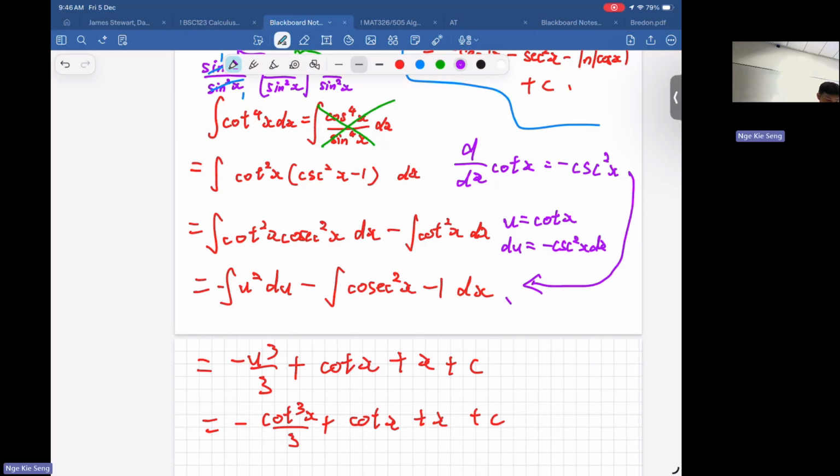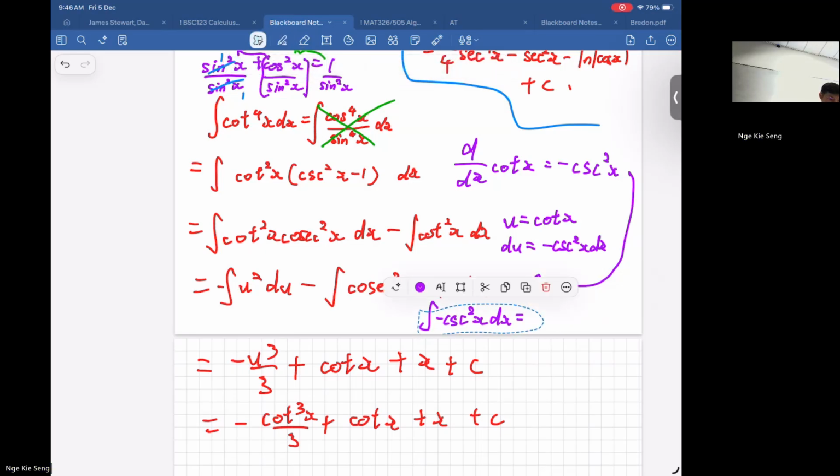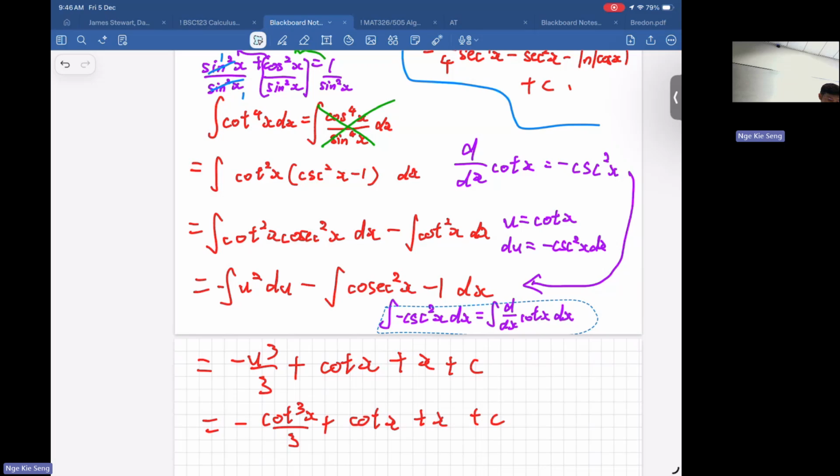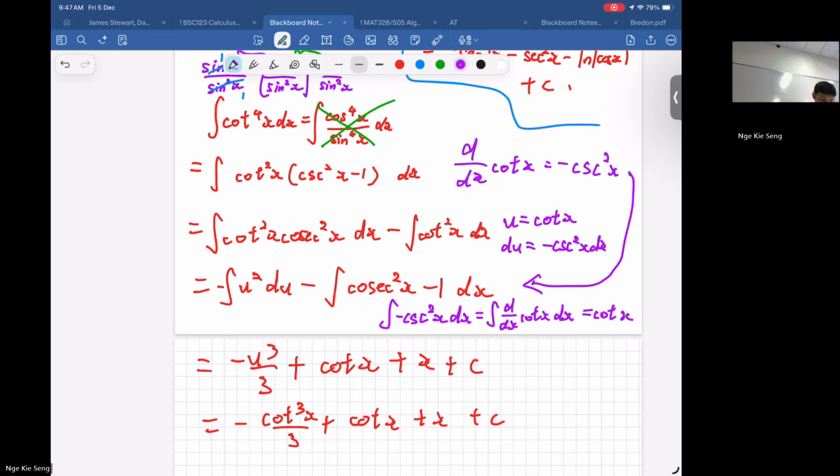And because you integrate minus cosecant square x dx equals to integrating d over dx tangent x dx, which is by definition the antiderivative, okay, perhaps you plus some constant.